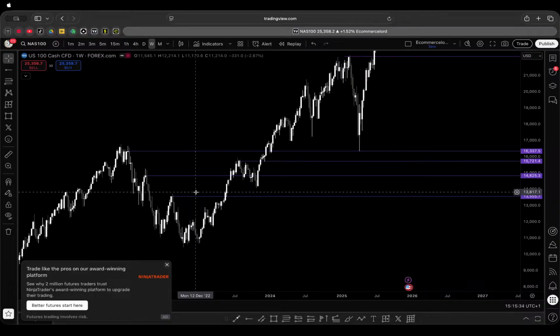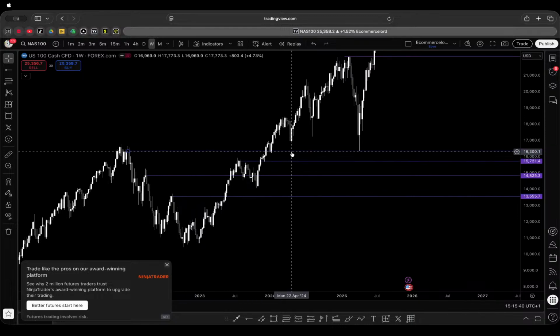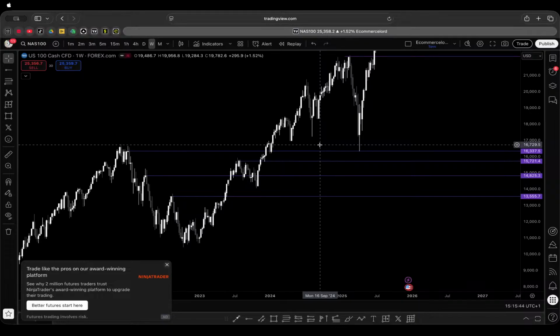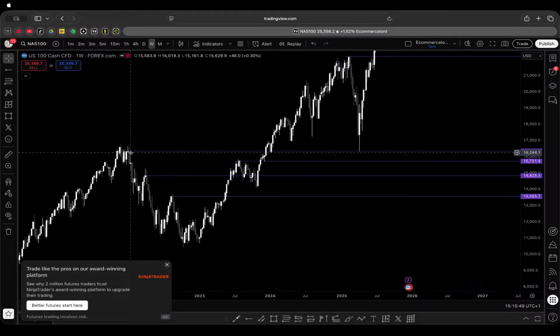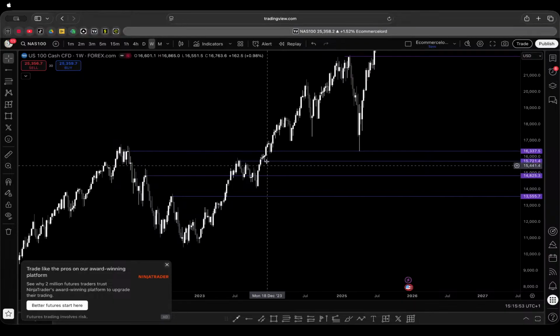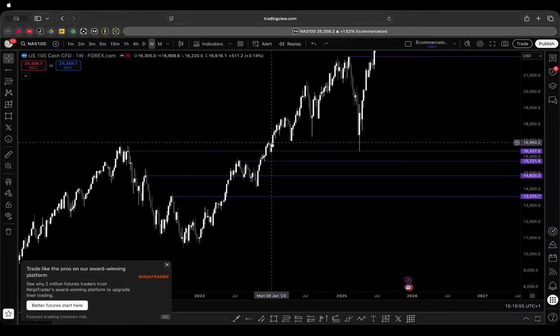When price retraces, the particular resistance that was breached can act as a support zone. So price didn't react very much to this resistance and this zone, but then broke it.